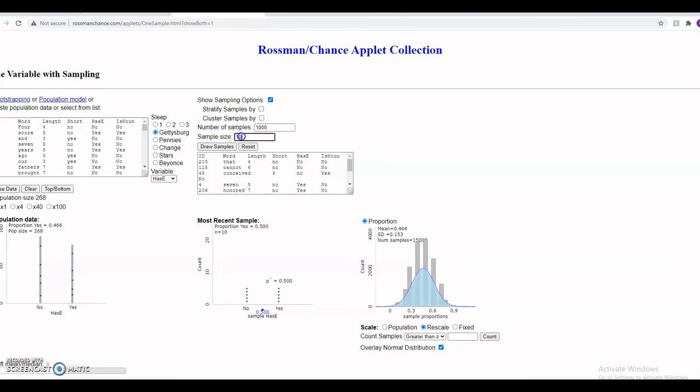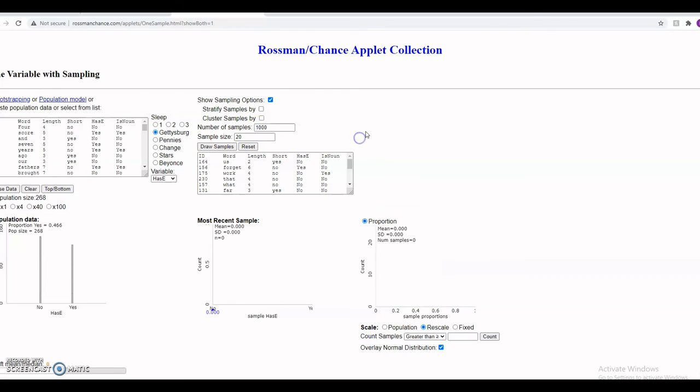You can see it's smaller than 10. So we're getting values from each sample that are close to the mean and lower in variability. So it's going to give us a more normal curve.